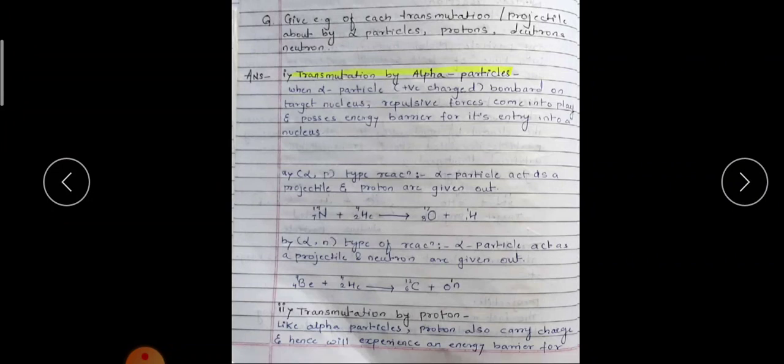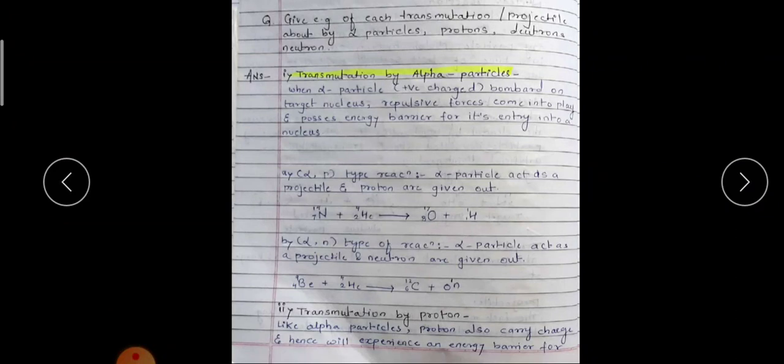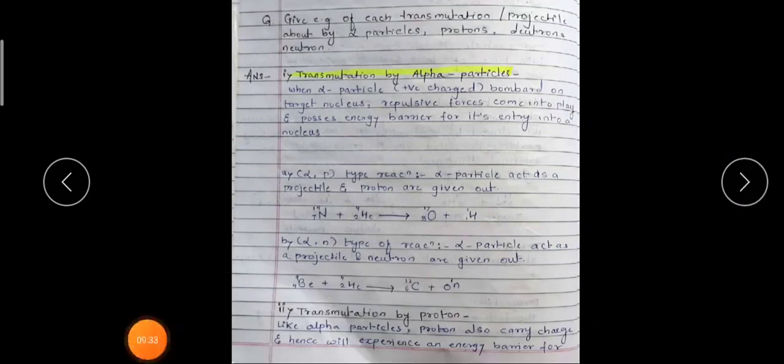You have to prepare it well, because once you get this well, then you can write the other ones. Are you getting this concept? Very simple it is. Please try to understand this concept. If you are not getting this point, we can revise it again.